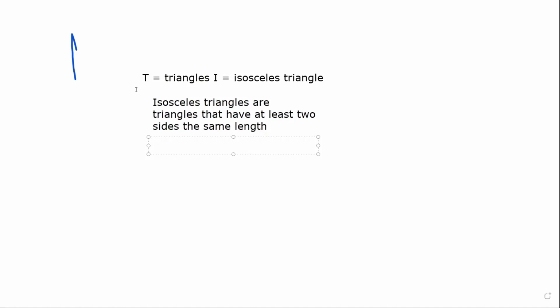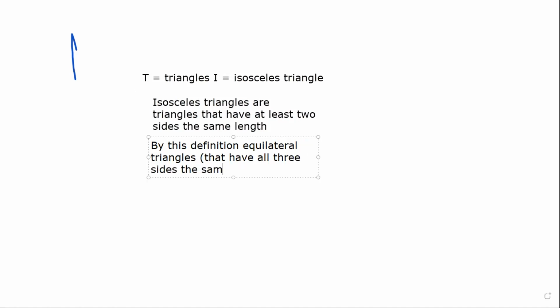So by this definition, equilateral triangles, the ones that have all three sides the same length, are also isosceles.